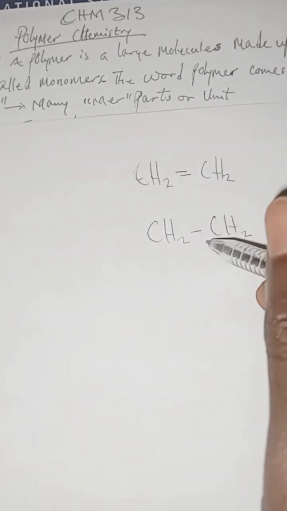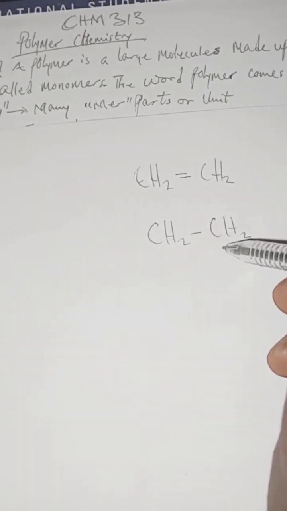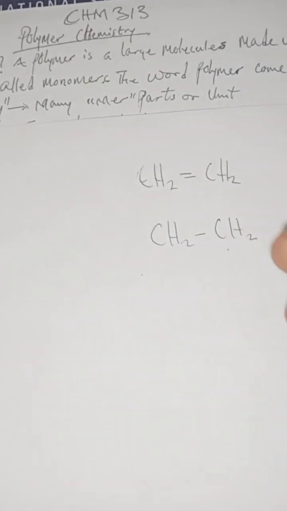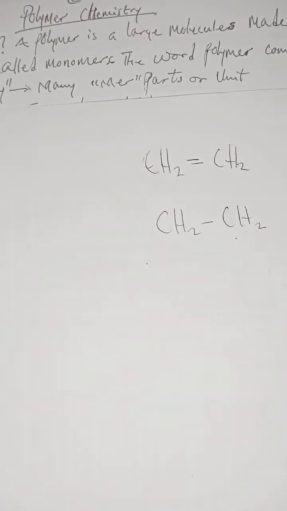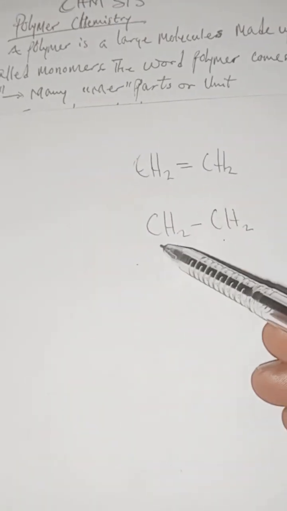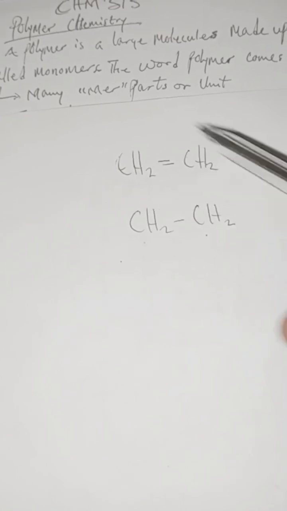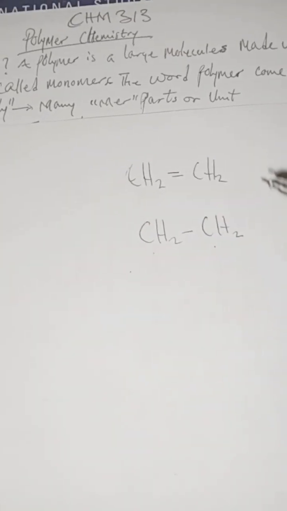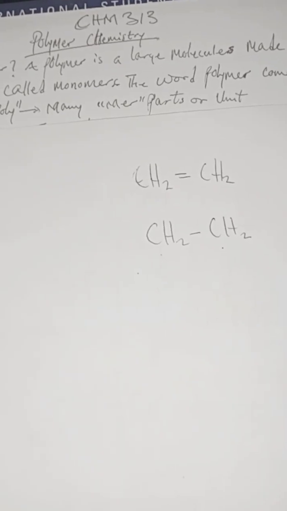This implies that we can still add something to this C and to this C. This is the main method we use in polymer chemistry to form a large molecule. So long as we can add something to this carbon and this carbon, this ethylene will start repeating itself many times. From there, we are going to see a large compound called a polymer.